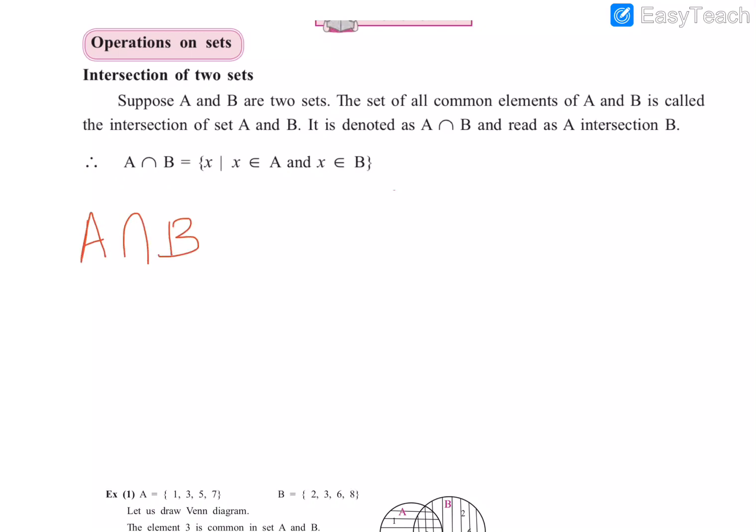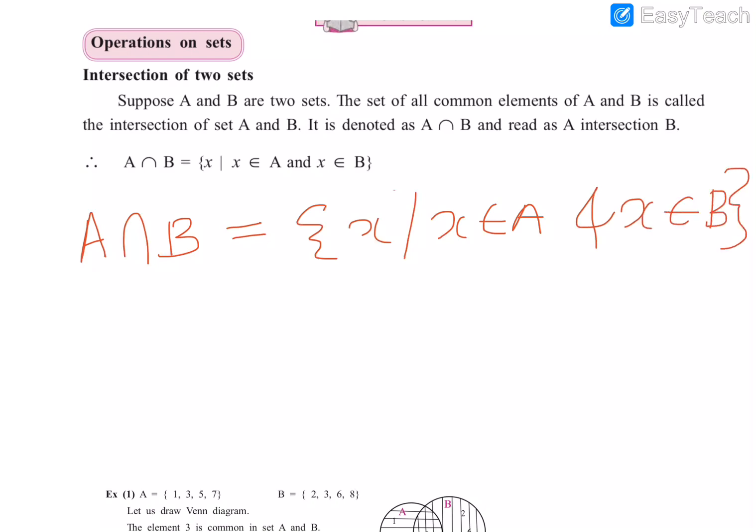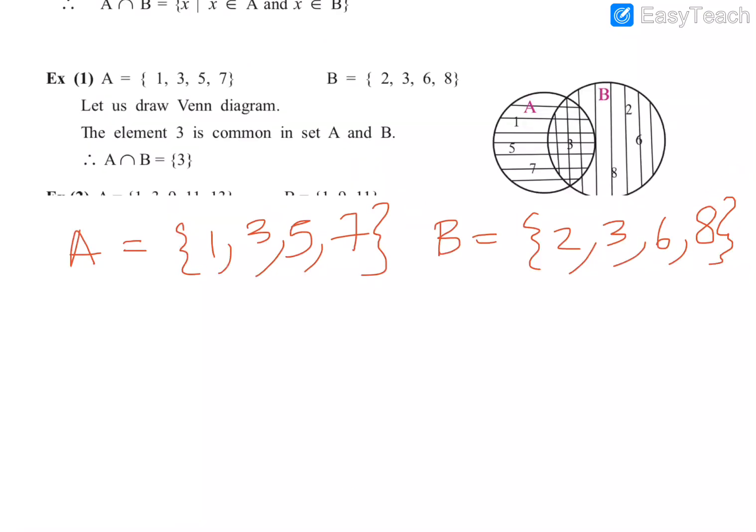So intersection of A and B is the set of all common elements of A and B, denoted by A intersection B, read as A intersection B. So A intersection B is the set of elements X such that X is an element of A and also X is an element of B. So the set of common elements in A and B is read as A intersection B.